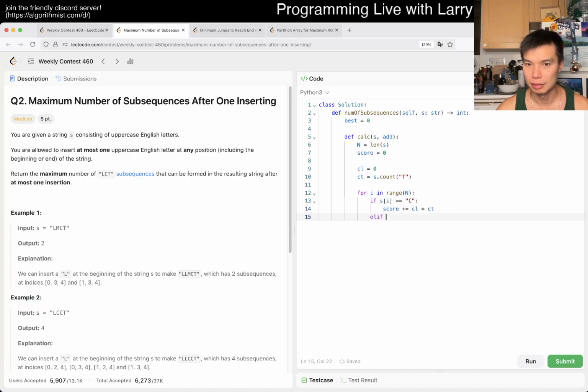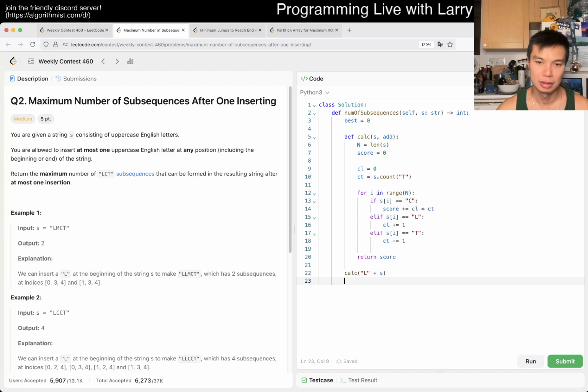Else if, this is where having a case statement would be nice, but anyway. There we go. L plus S. Plus T. This is false, and then S. True.